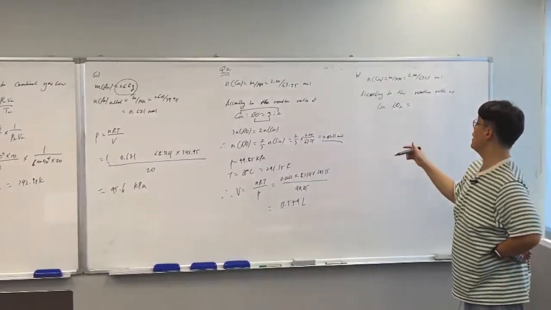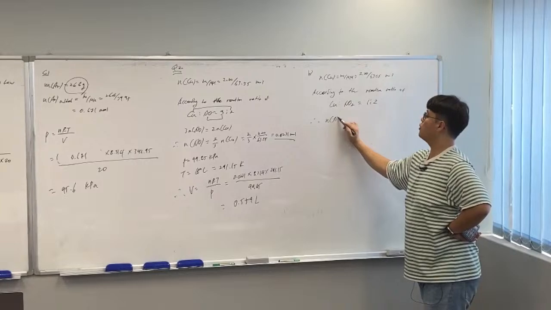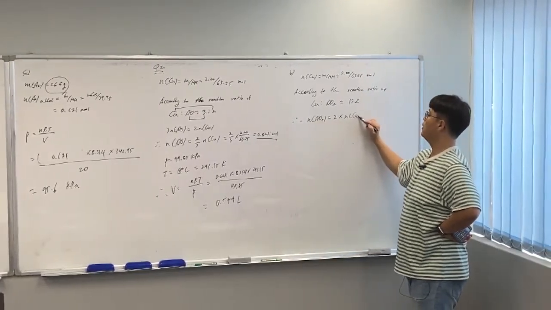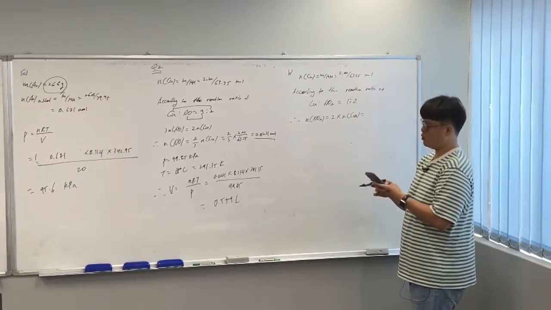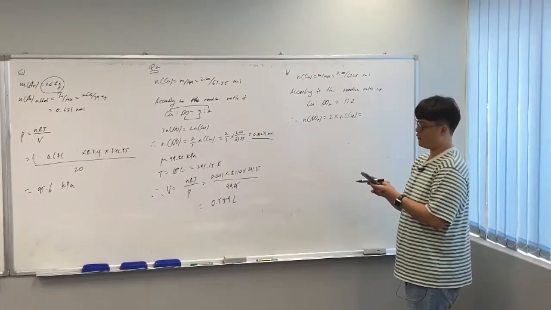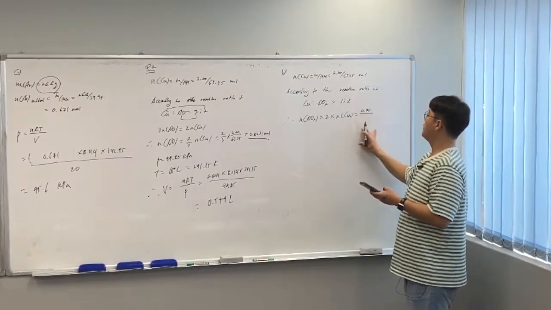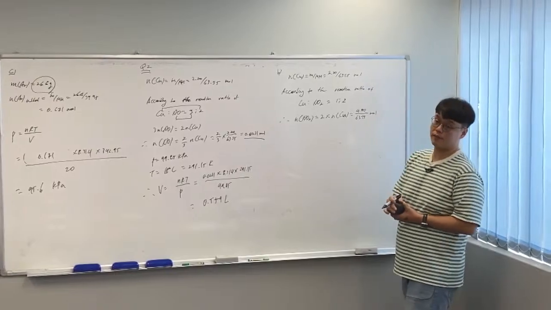It's actually a simpler reaction ratio. Therefore, N of the NO2 is simply 2 times N of the copper. That is 2 times 2.20 divided by 63.55, so that'll be 4.40 divided by 63.55 mole in exact values.